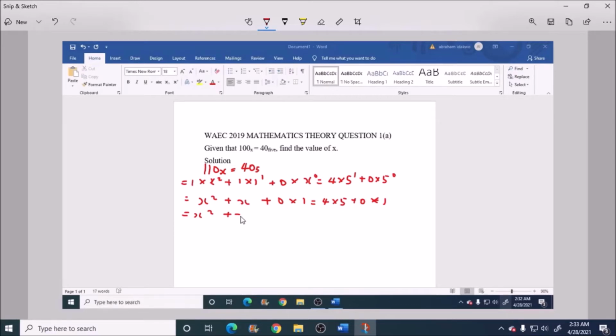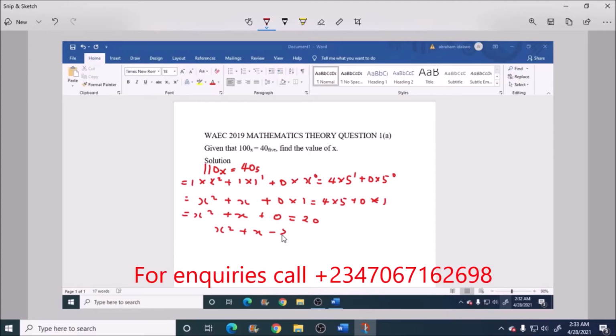So that means we have x squared plus x minus 20 equals 0. So x squared plus 5x minus 4x minus 20 equals 0.